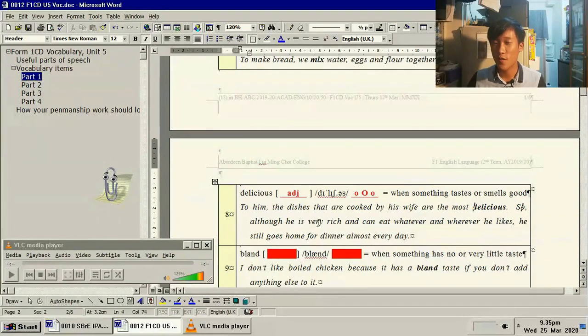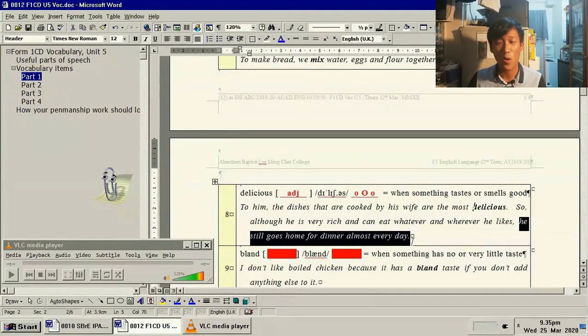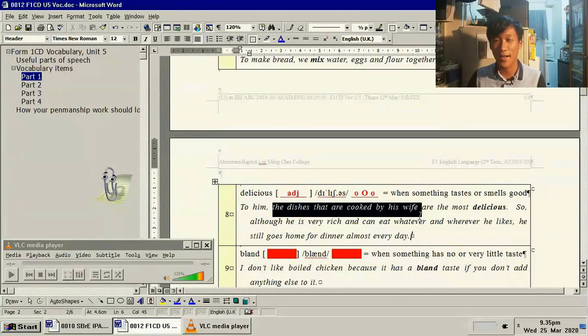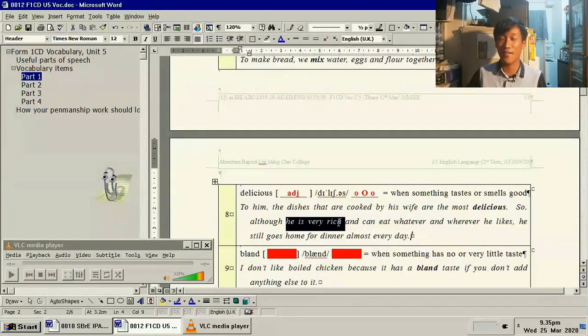So although he is very rich and can eat whatever and wherever he likes, so he is very rich and he can eat anything, go out and eat anything he likes, but he does not do it, okay? He still goes home for dinner almost every day. Why? To eat the dishes that are cooked by his wife. And why? If the dishes are not tasty, then why does he go back? He will just go out and eat. Especially when he is rich, he can eat anything, right?